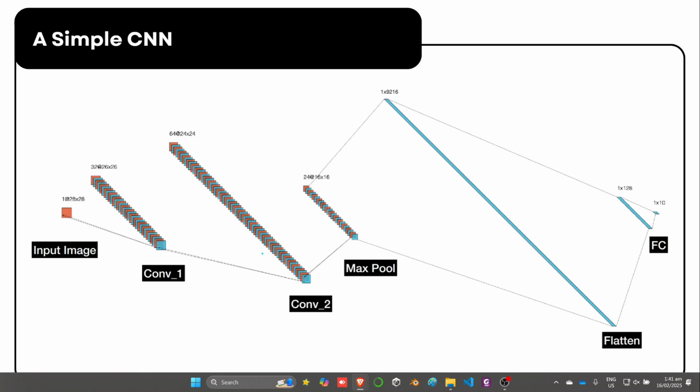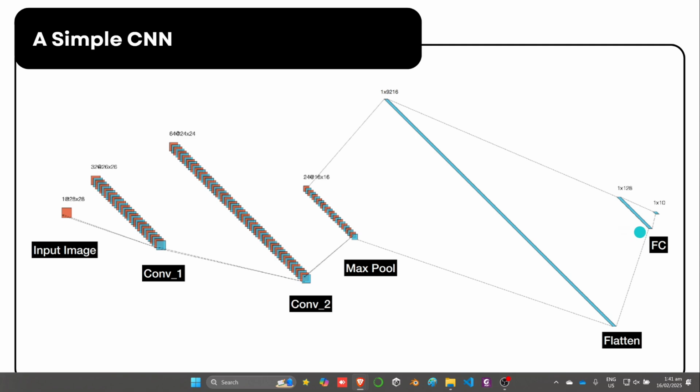Then we apply a max pool layer, and then we flatten it, and that max pool is connected to an interim fully connected layer. So we have this 9216 layer connected to a 1 by 128 fully connected layer in this case.